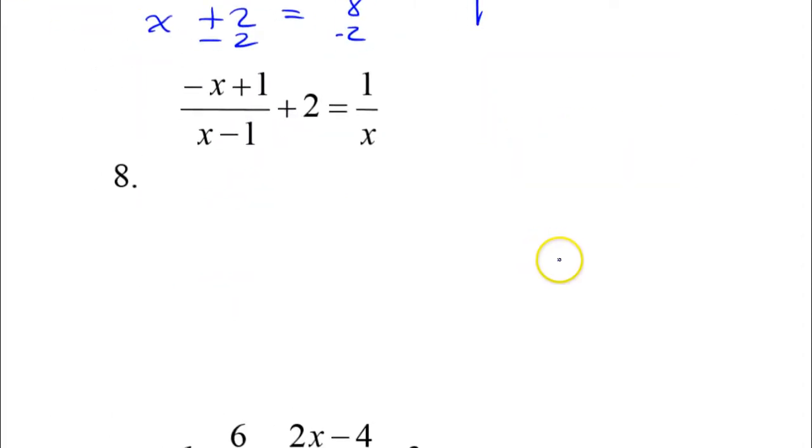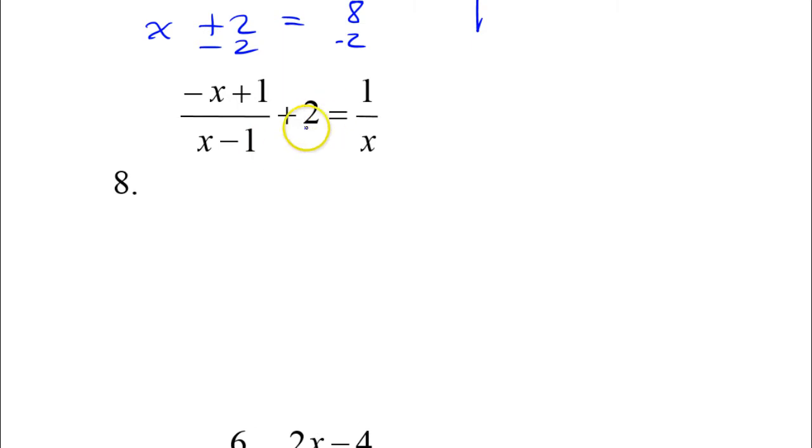Alright, number 8. Again, I need like denominators. Again, don't forget the 2. So I've got this x minus 1 and I've got this x. So I'm going to need an x over here to match that. I'm going to need an x minus 1 over here to match this. But the 2 is going to need all of that.